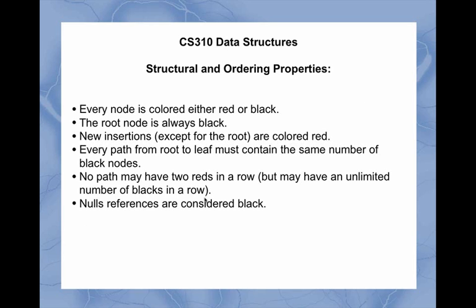So now let's discuss the structural and ordering properties. Remember that the property of the AVL tree was the difference between the left and right subtrees cannot differ by more than 1. However, that restriction does not apply to red-black trees. Very often students think that the definition of a balanced tree is the AVL condition.